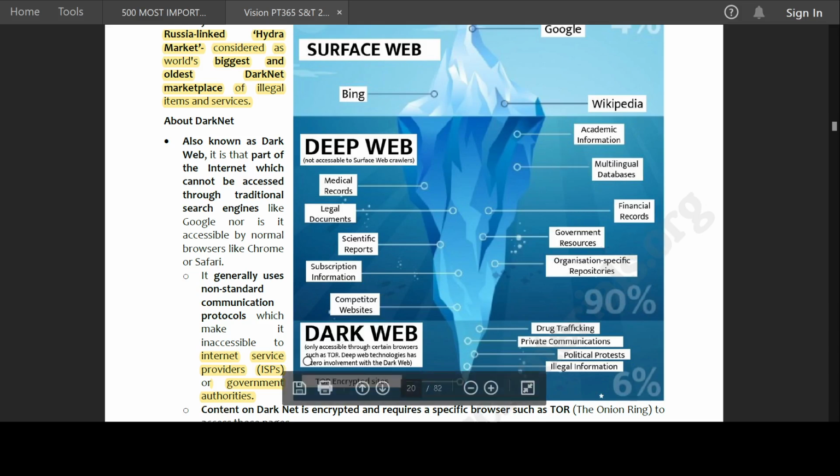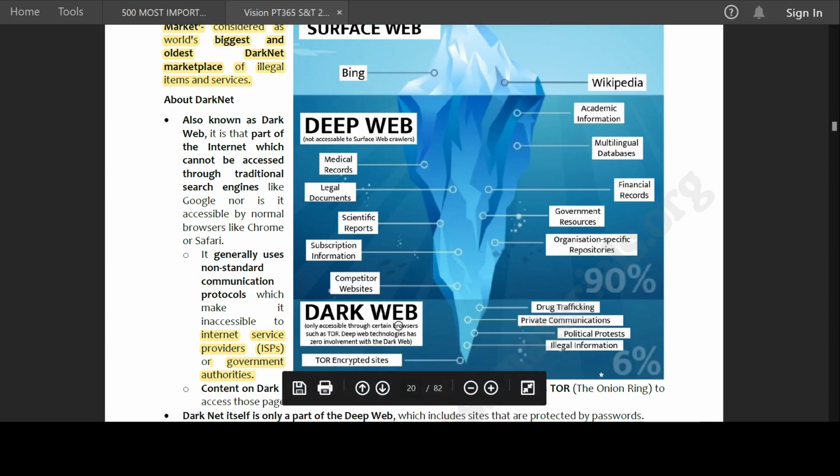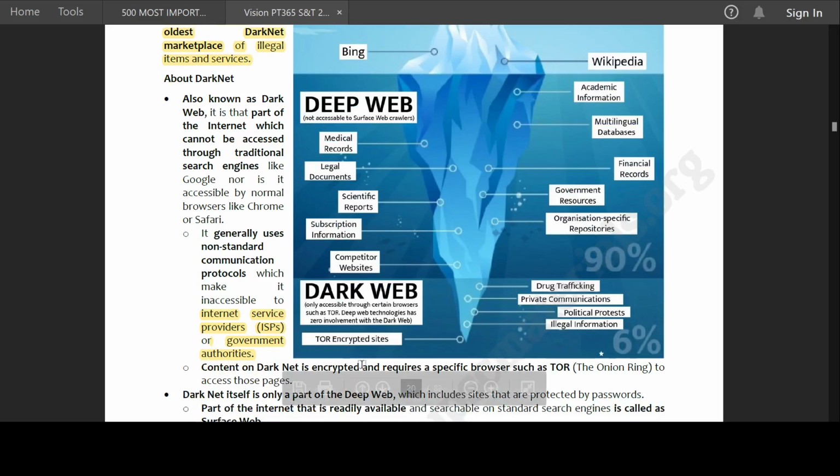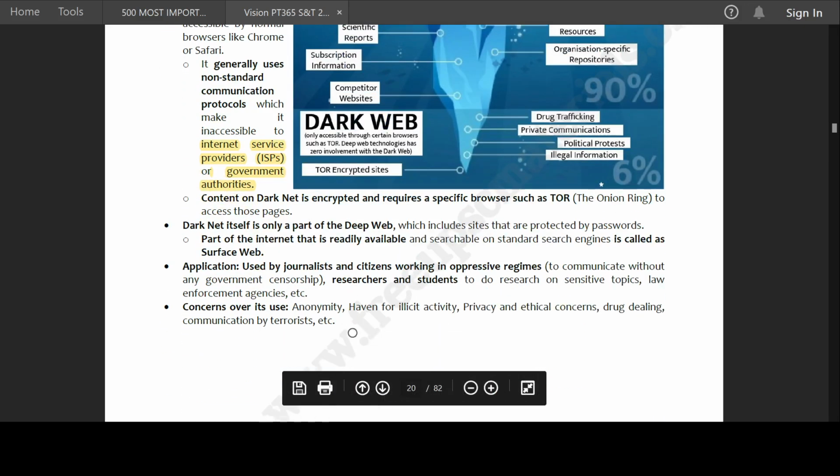Dark web is only accessible through certain browsers such as Tor. Deep web technologies have zero involvement with the dark web. The dark web involves drug trafficking, private communications, political protest, illegal information, and Tor encrypted sites.